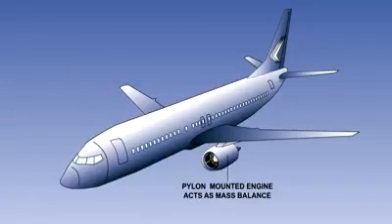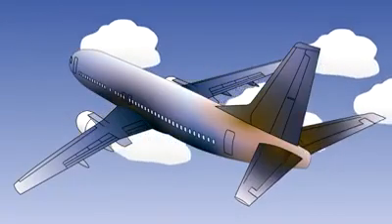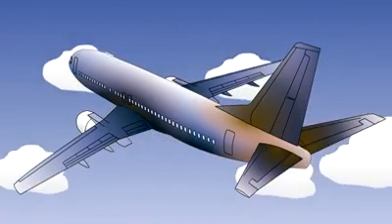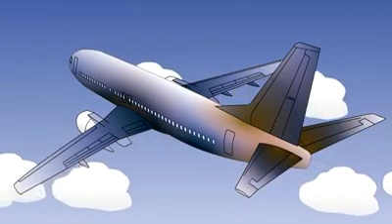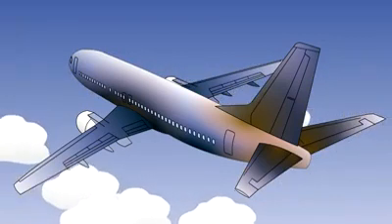Flutter of the wings can be prevented by using the engines as mass balance. This is done by mounting them on pylons forward of the wing leading edge. The fact that an aircraft is poorly maintained, particularly in respect to excessive control surface backlash or flexibility, may mean that flutter will occur at speeds below the limit airspeed.